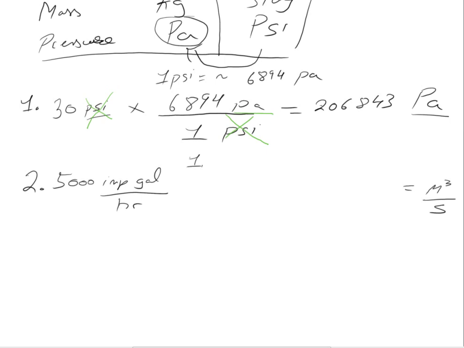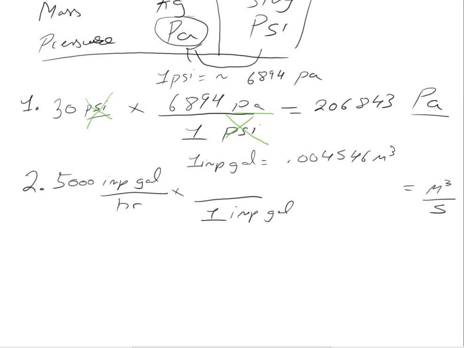Well, if 1 imperial gallon equals 0.004546 meter cube, taking that into consideration, we're going to say 5,000 imperial gallons multiplied by, remember I want to keep the same unit at the bottom, so I cancel that out. So I want to say imperial gallon at the bottom.